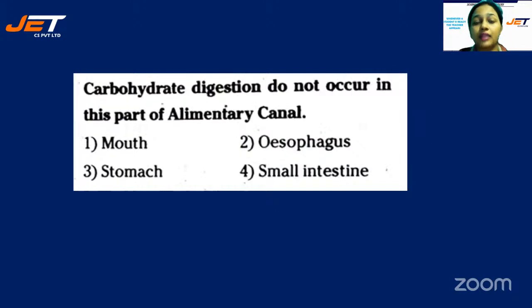Next question. Carbohydrate digestion does not occur in this part of the alimentary canal. Okay. And your options are number 1, mouth, number 2, esophagus, number 3, stomach, or number 4, small intestine. Here we are talking about carbohydrate, students.